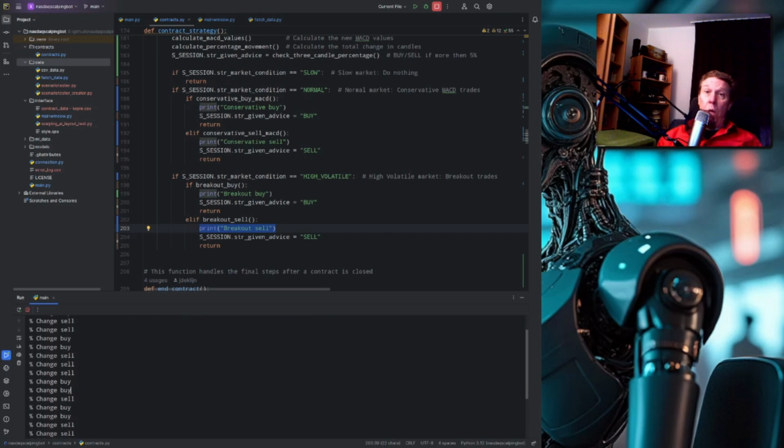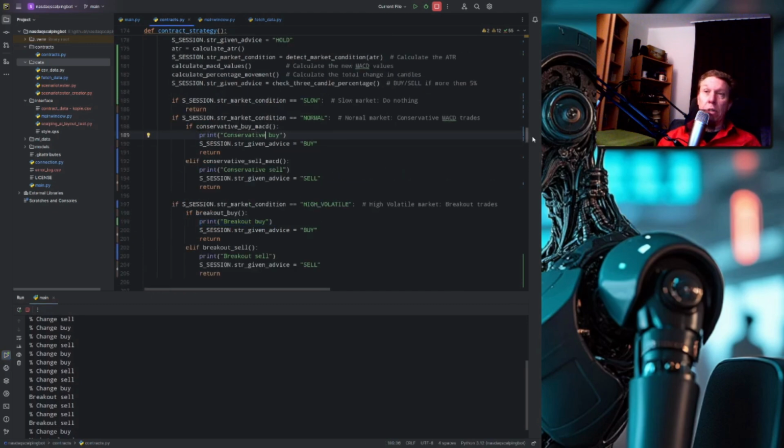And these weren't a lot. You see, while I restarted the bot, there were only a couple of change buy and sells and some breakouts, but none of those were the conservative sell or the conservative buy. So I suspect that there's no correct order in making a buy or sell decision. And tomorrow is not a market day. It's midweek, it's January 1st, so there's no market.